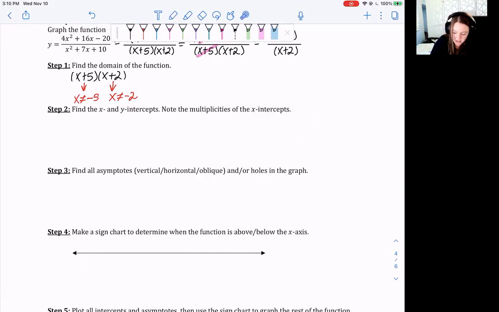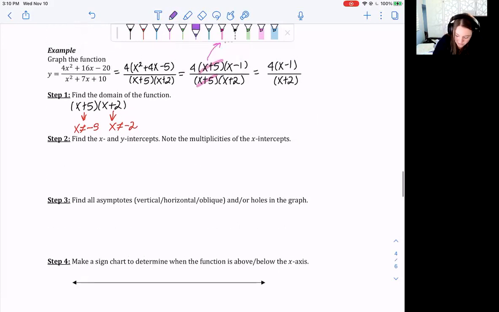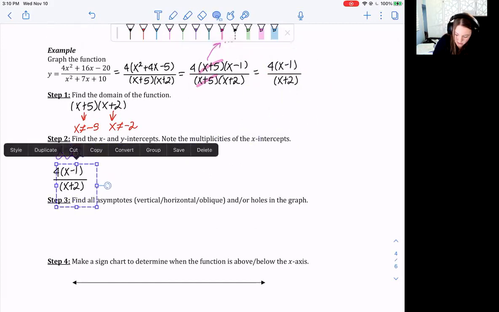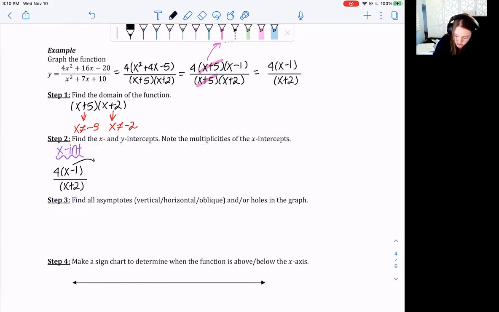All right, X and Y intercepts. For the X-intercepts, you're looking at this completely factored form. So the X-intercept is where that numerator is equal to 0. So we have X equal to 1, and the multiplicity is 1.